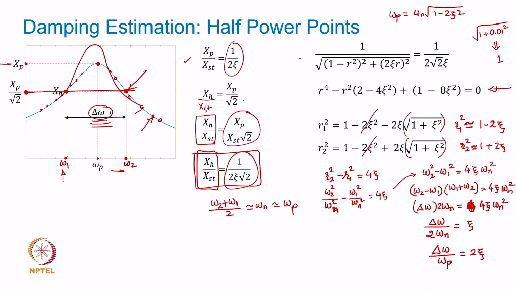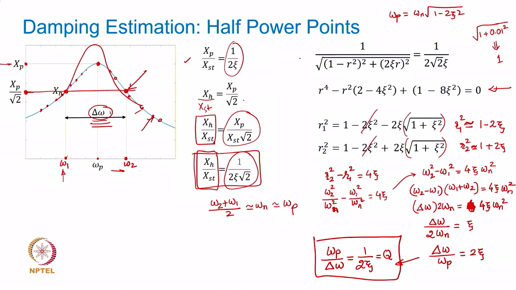So, the other way to write the same expression is omega p by delta omega is 1 over 2 zeta, which itself has been defined by us as the quality factor. Isn't that correct?